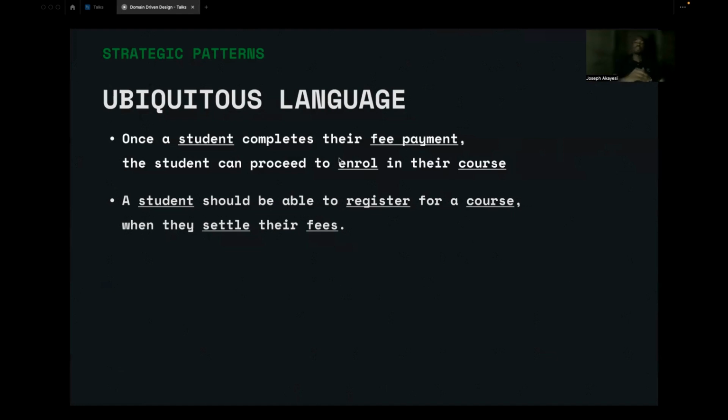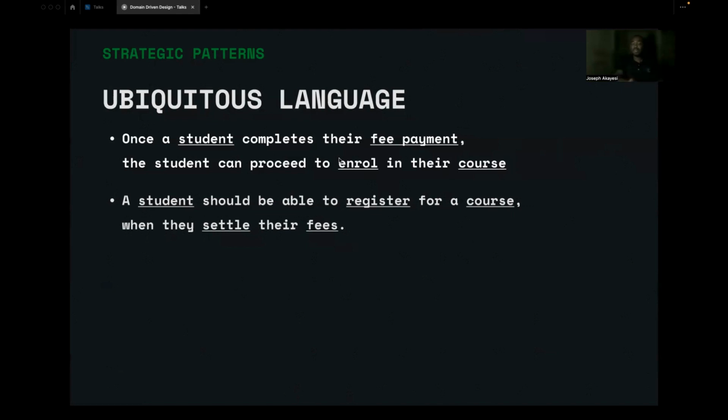And so to take away any type of ambiguity, it's important for us to define these words and stick to a specific set of vocabulary so that when we are discussing our bounded context, we can have a consistent use of words that takes away any type of confusion.